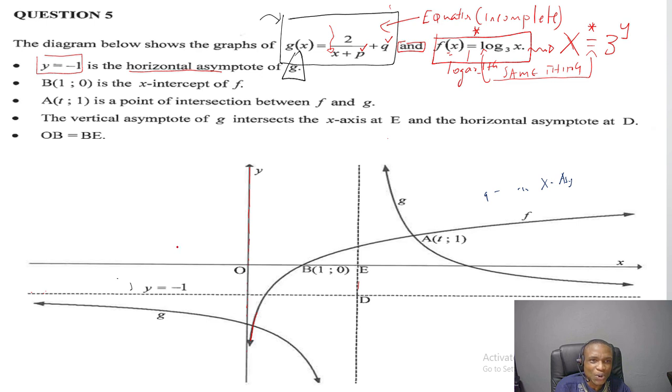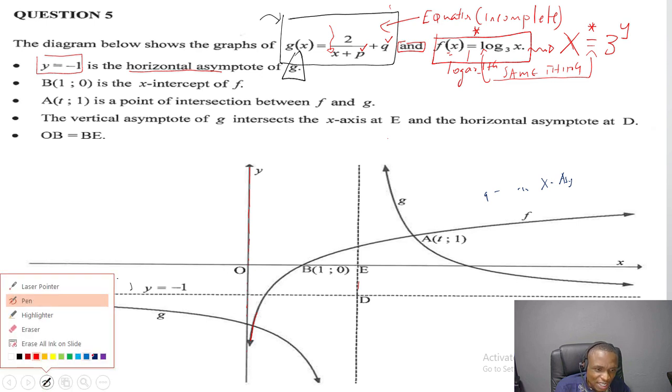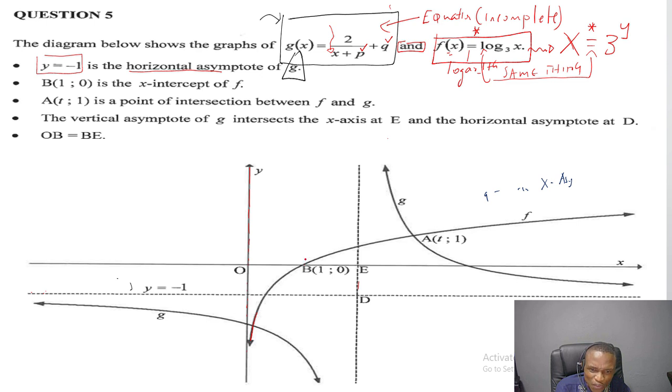Now, B, (1, 0), is the x-intercept of f. So now they are saying the point B is the x-intercept of f. You see the point B. This is the x-intercept of f, says the examiner. Another thing that I want to teach you is to understand the language of maths.